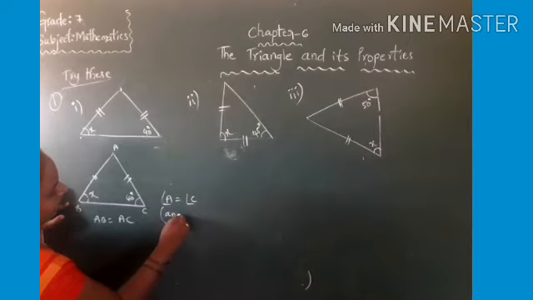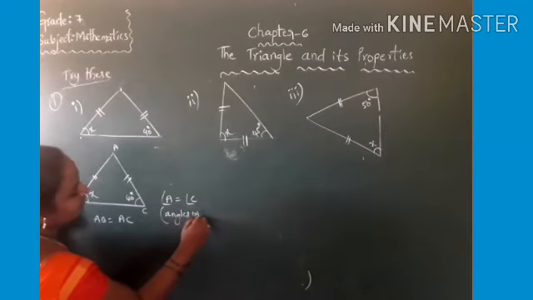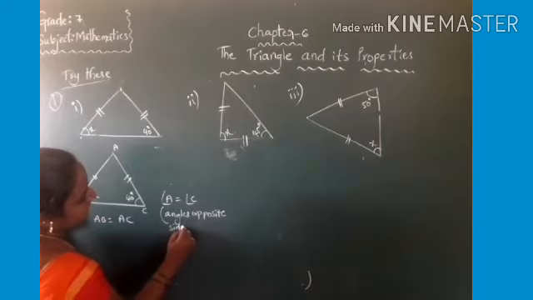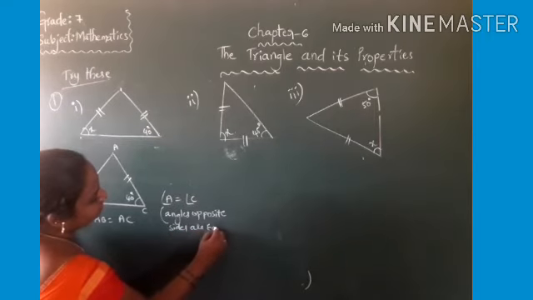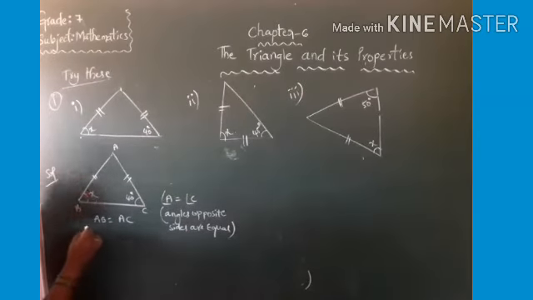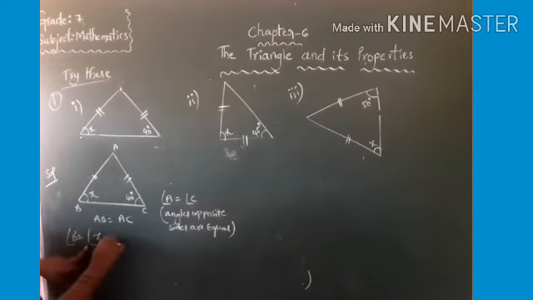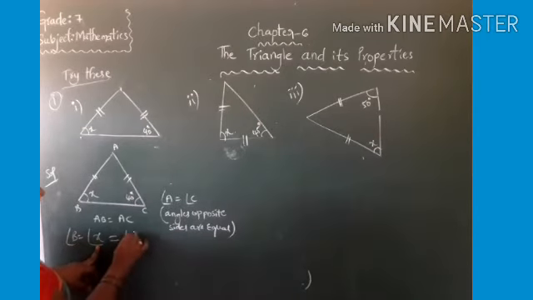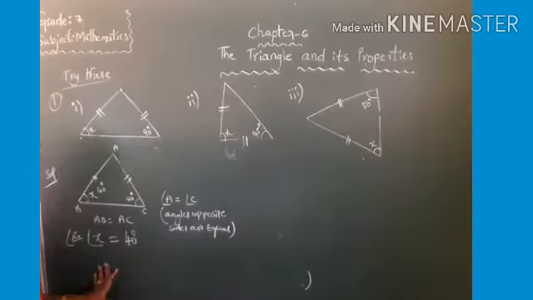Because angles opposite sides are equal. So that's why angle x, which is angle B, is equal to angle x. So that is equal to 40 degrees.